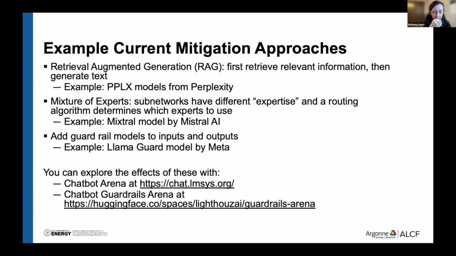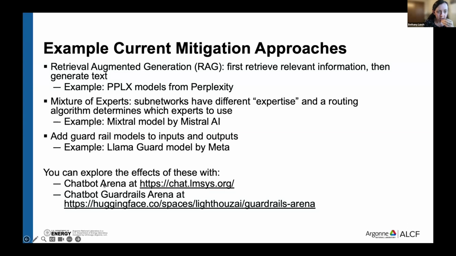And you can add guardrails, a guardrail model that's separate from the main model. The guardrail model can be applied to the prompt before it goes to the other model, or it can be applied to the output to, for example, prevent it from actually being put out to the user.